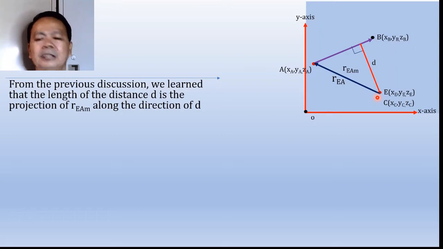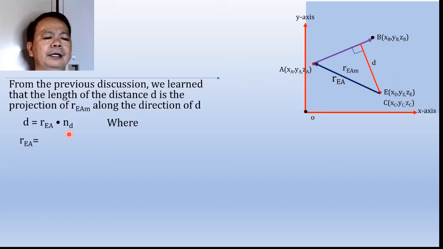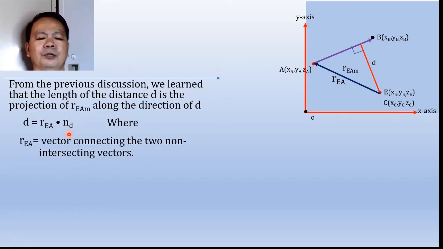And that is actually the application of the dot product, such that the distance D becomes the dot product of R_EA and n_D, where in this particular formula, R_EA is the vector that connects the two non-intersecting vectors.